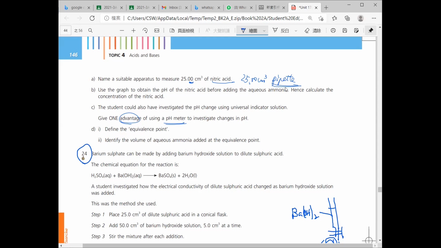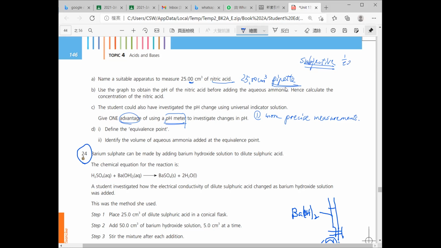If you use a pH meter, which is better, right? Any good points? Accurate. More accurate, more precise measurement. Okay. Point number 1. Why? In terms of what? Why is it said to be accurate? Because color change is based on very subjective human judgment, right?